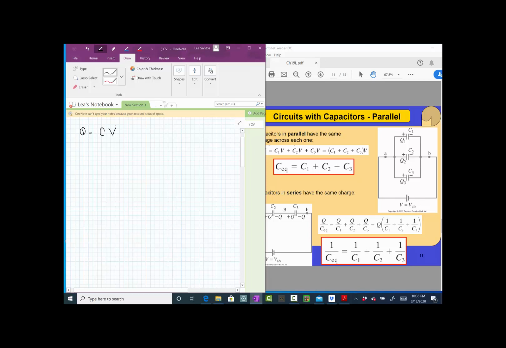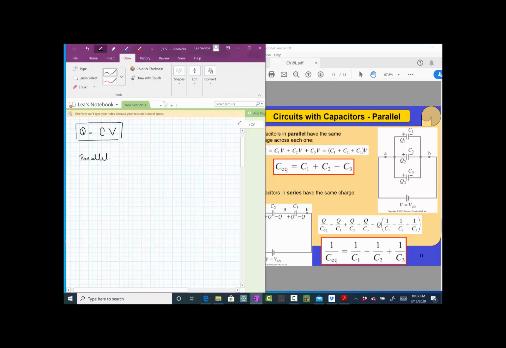So the battery will feed the charge to this capacitor. Okay, so let's keep this. This is going to be useful for our study. So let's start with the capacitors in parallel.